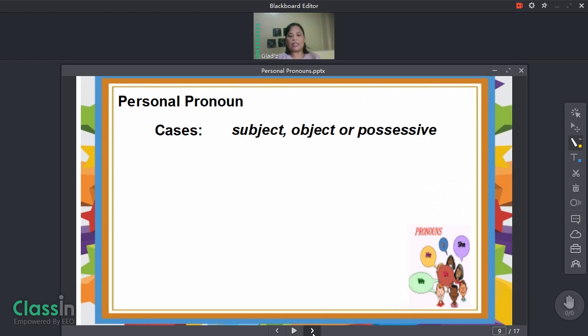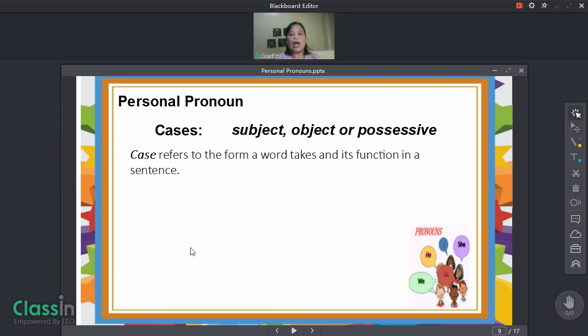So let's now proceed with the cases. When we say cases, these are how we use the pronoun in the sentence. What do you mean by a case? A case refers to the form a word takes and its function in a sentence.